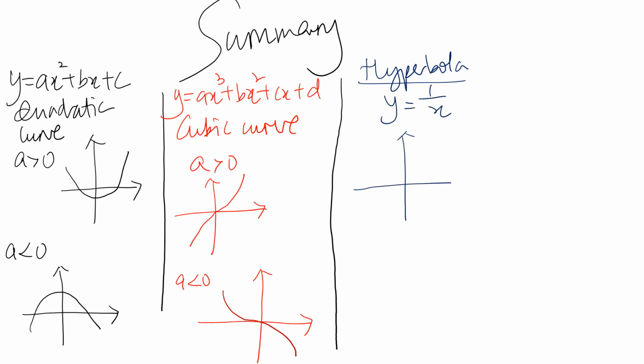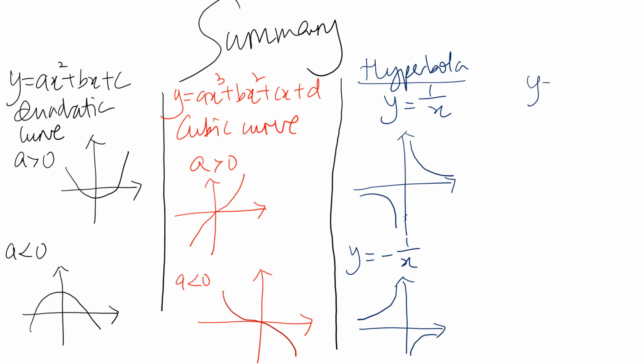It will go this way. There's no x-intercept, no y-intercept. So it is in the first and third quadrants. Make sure it does not touch the axis. If it's y equals negative 1 over x, then it will be in the second and fourth quadrants.